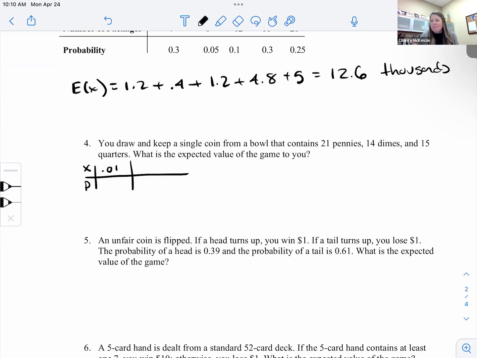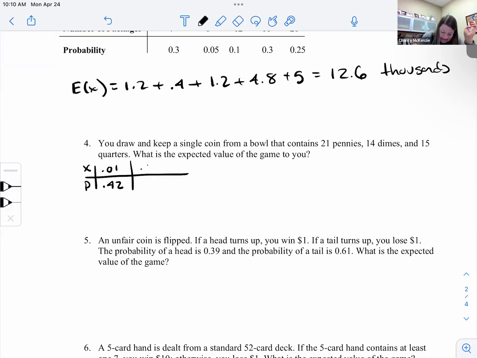So what was our probability of that? Well, we added them all up and there were 50 total. So 21 divided by 50 is going to give us our probability of 0.42 here. So there were 21 out of 50 of that one specifically. Now the next one, the probability of a dime.